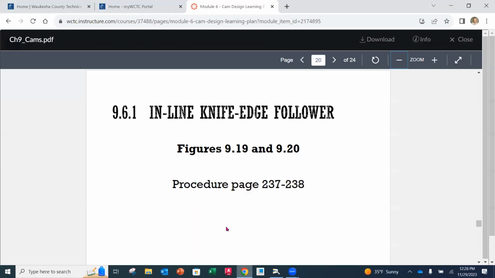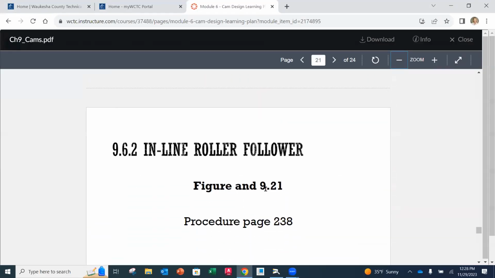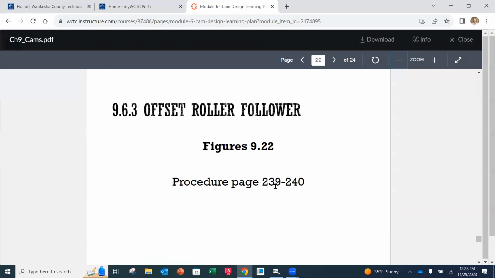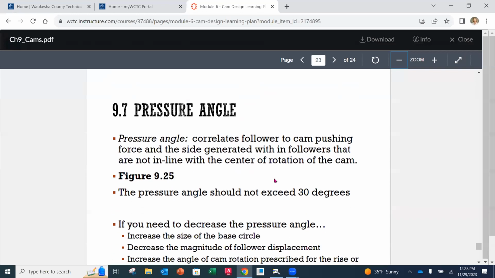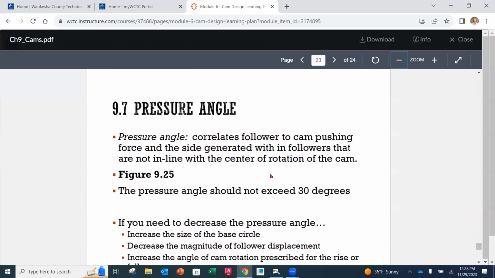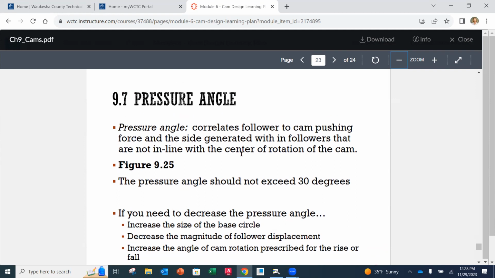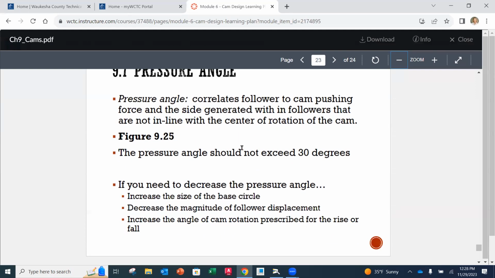So if we take a peek, get back over here, saw the procedure for that one, offset roller procedure. And then the last thing I want to talk about is pressure angle. Pressure angle correlates the follower to the cam pushing force and the side load generated within the follower that are not in line with the center of rotation.